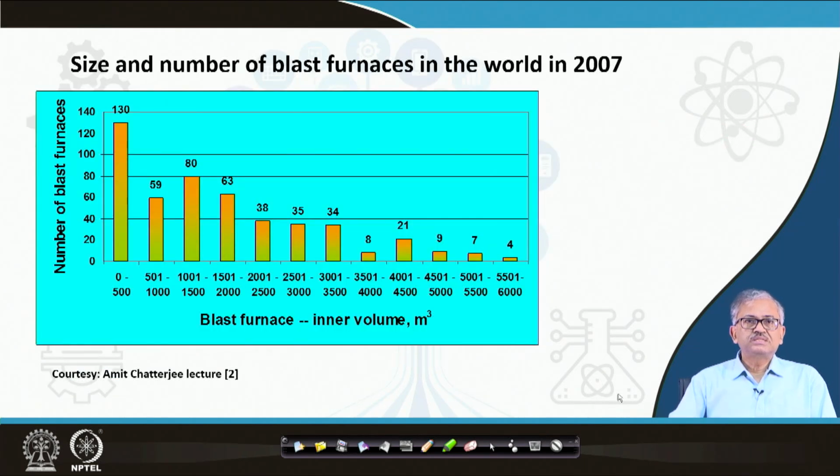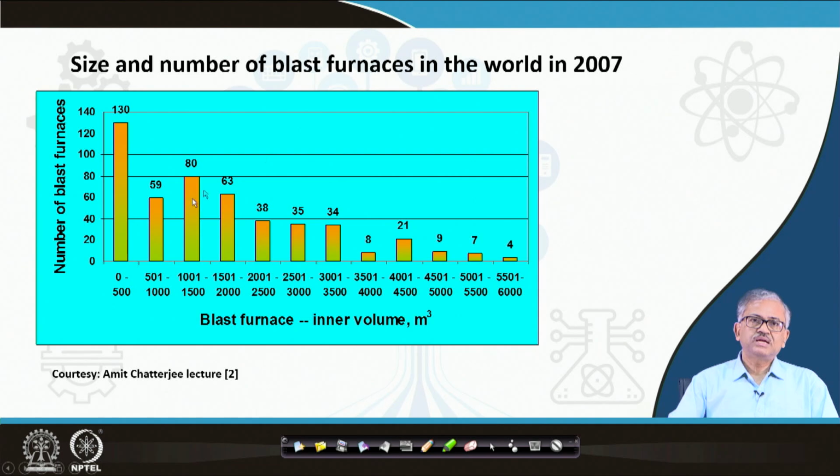So if you see the size and number of blast furnaces in the world in 2007 data, taken from the Amit Chatterjee lectures in IIT Kharagpur for the PGD steel lecture in 2009, you can see the number of furnaces and their corresponding volume.